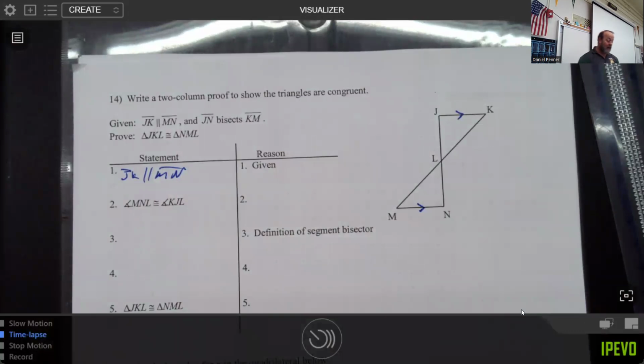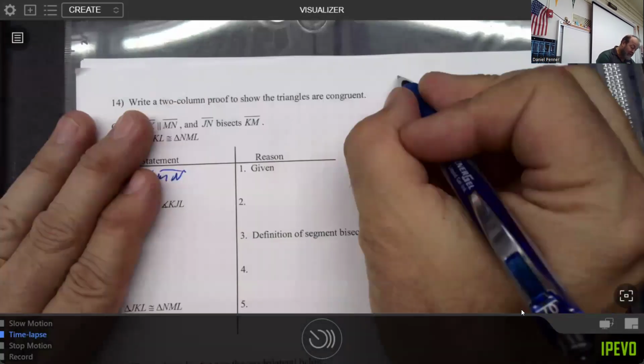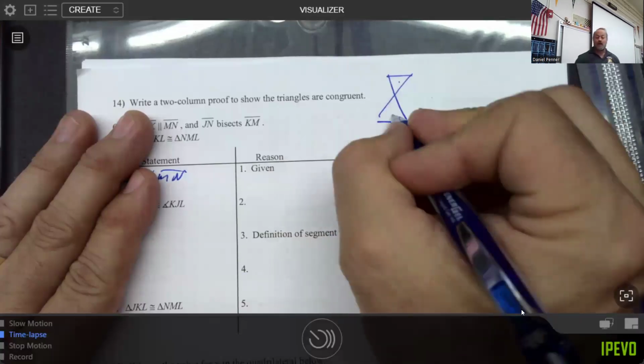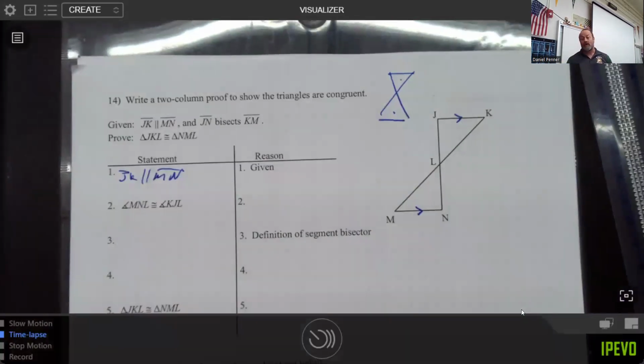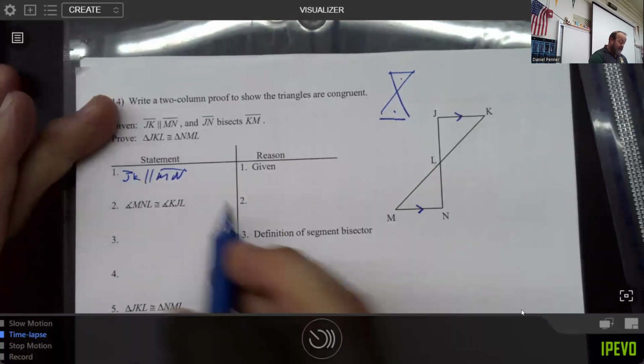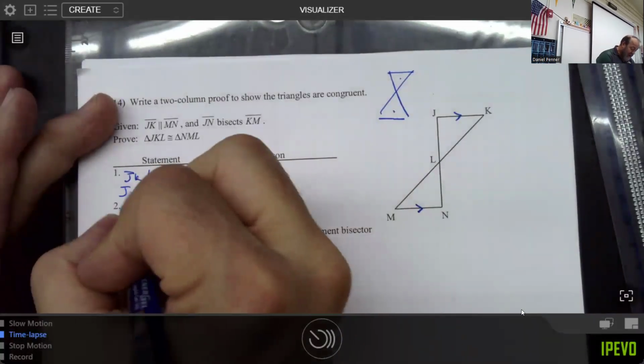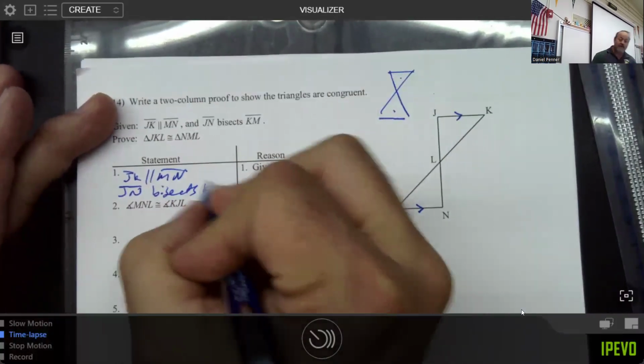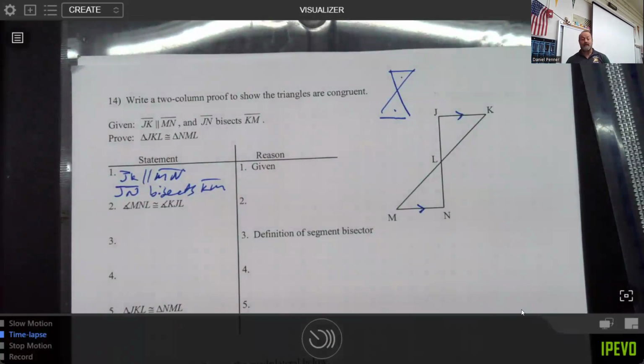Please be clear. I can have stories like this that intersect like that, where one triangle is much smaller than the other triangle. It happens all the time. Please do not believe that parallel and congruence are automatic. They're not. But that was given, as well as the fact that JN bisects KM. Remember, the first step to every proof is that given information.